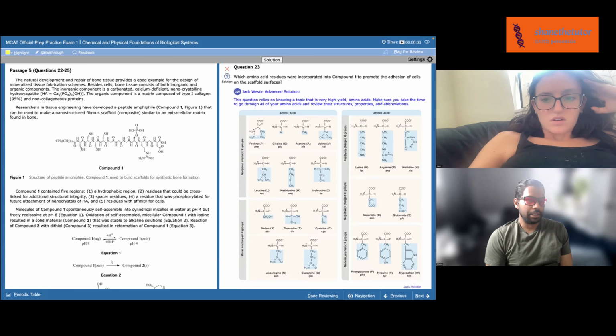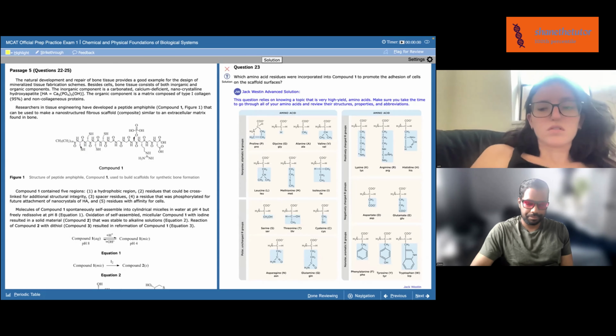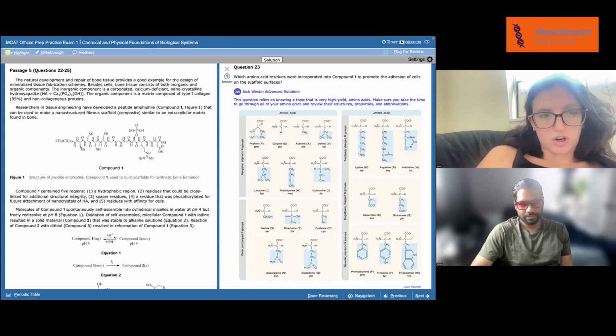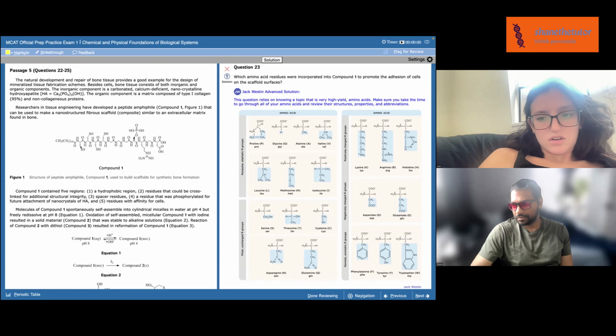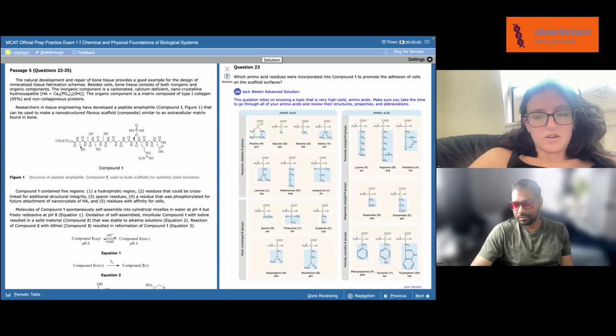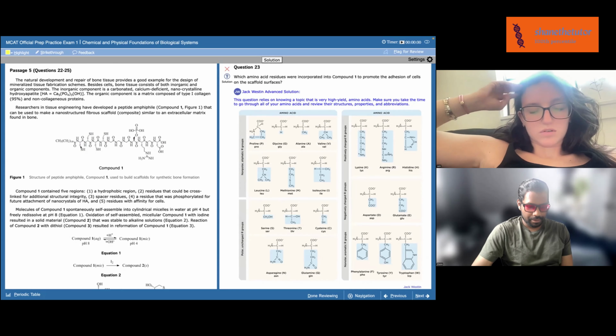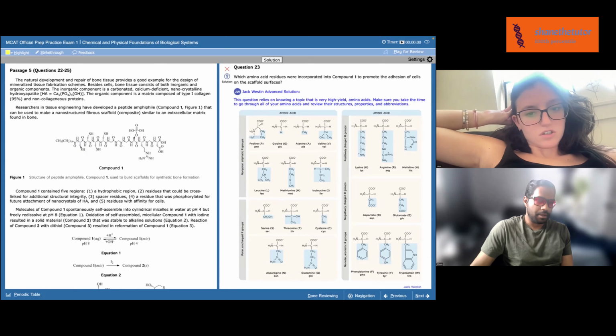Or a negatively charged thing. The aspartic acid is negatively charged. I mean, not in what we're seeing here. Okay, so if there's no negative charge, we still assume that it's non-charged, uncharged.